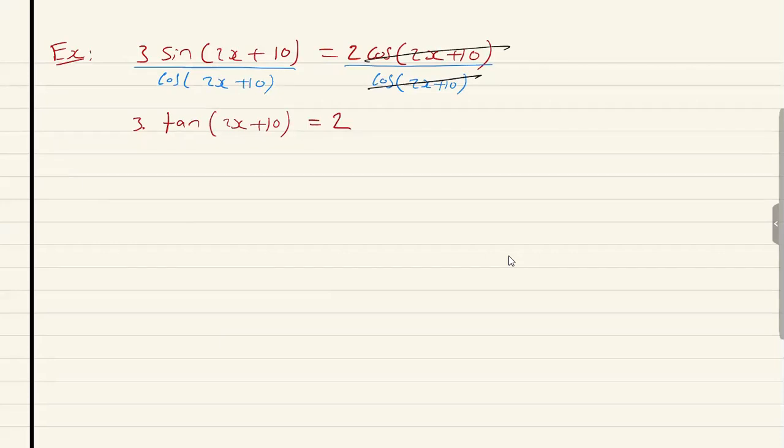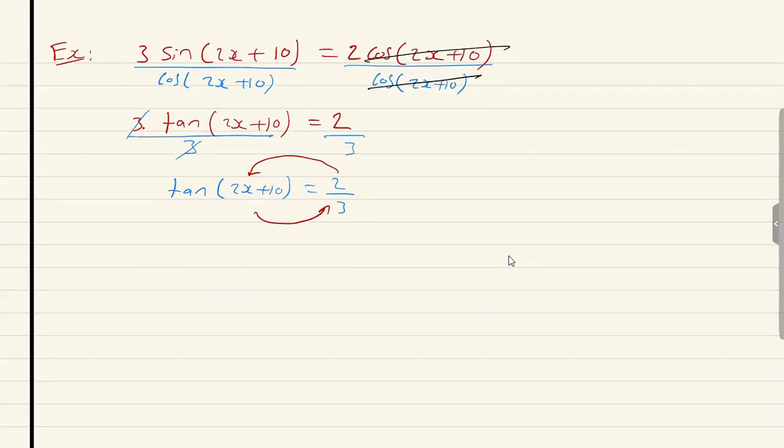So divide each side by 3. Tangent 2x plus 10 is equal to 2 over 3. Swap, and while you swap, the sign of numbers doesn't change, guys.